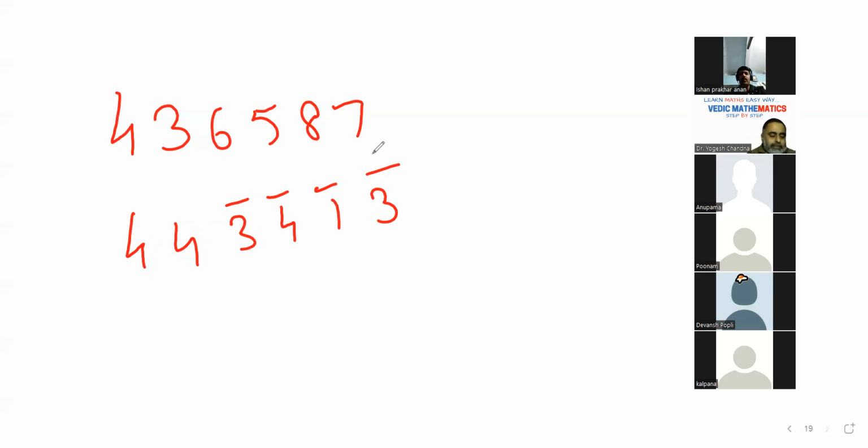Yes, Devansh? Sir, even I got that. Okay. Sir, 4, 4, 3 bar, 4 bar, 1 bar, 3 bar. Sudhanshu? Yes, 4, 4, 3 bar, 4 bar, 1 bar, 3 bar. Okay, the first one.